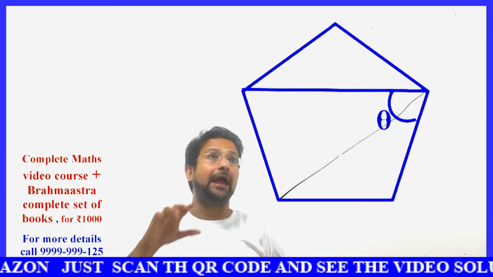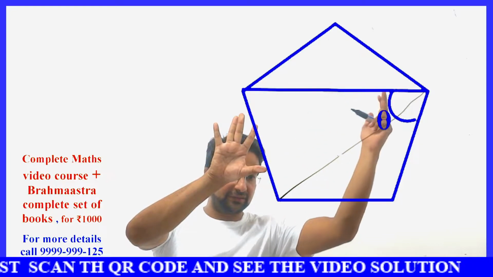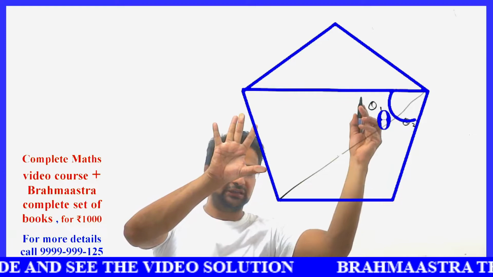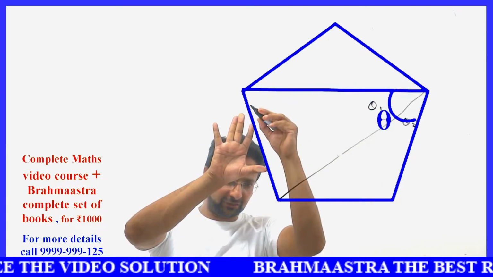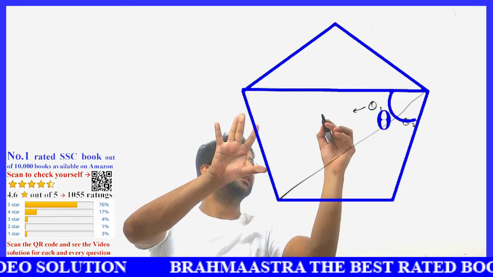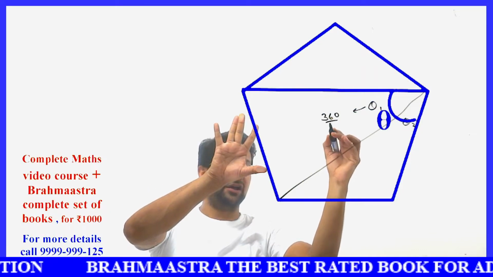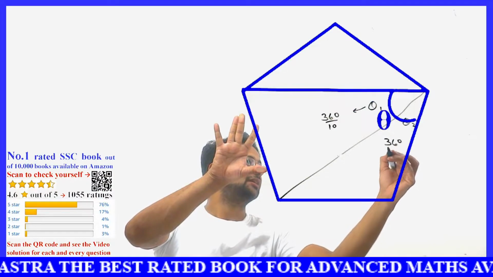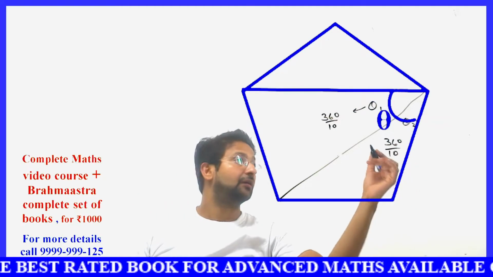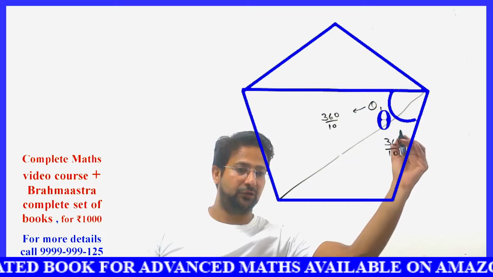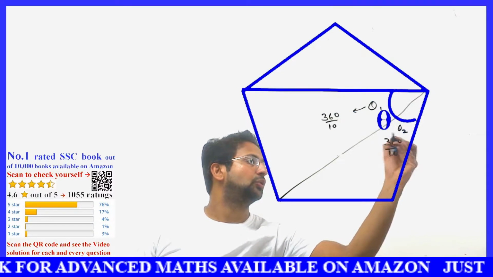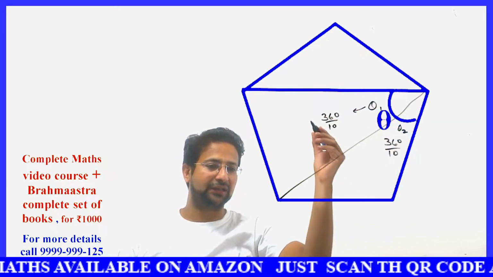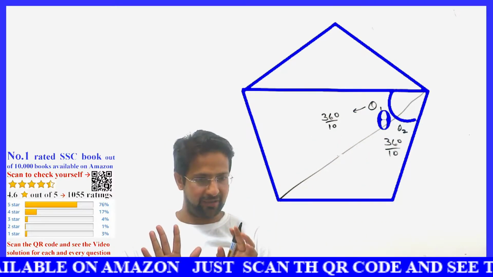This particular angle, let's say it's theta 1. This is theta 2. Theta 1 is being made by this particular line. So theta 1 will be 360 by 5 by 2. That's 360 by 10. This theta 2 also will be 360 divided by 10. So both theta 1 and theta 2 are 36 and 36. This is 72 one way.